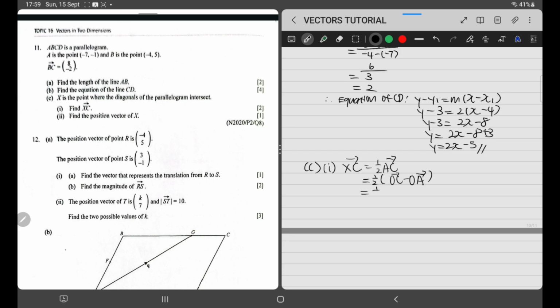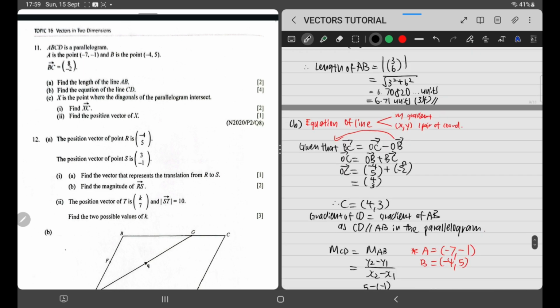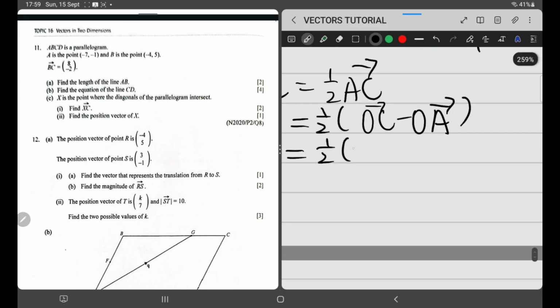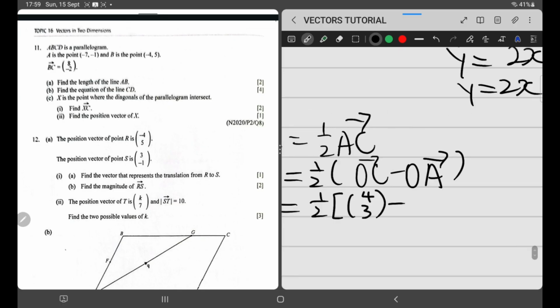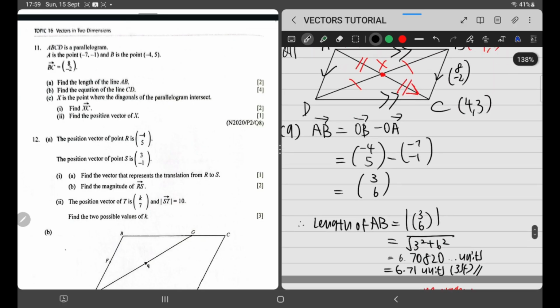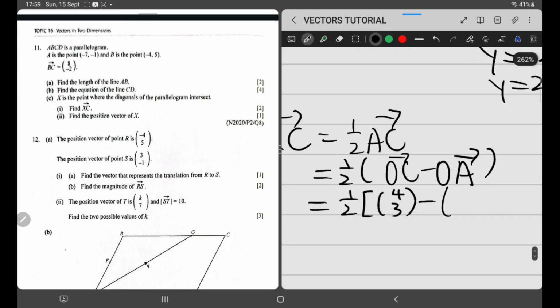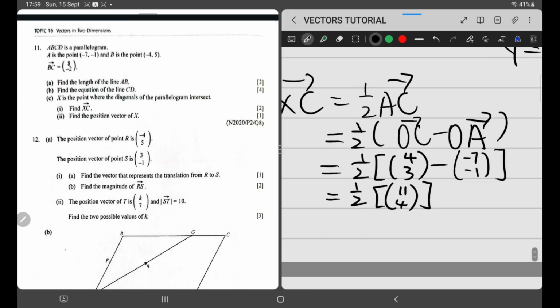C is (4, 3), and OA is (-97, 91), so it's half of (4, 3) minus (-97, 91). So half, you get (11, 4), like that.